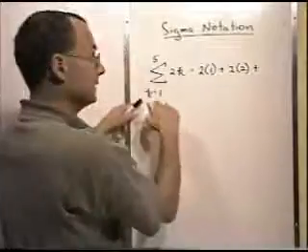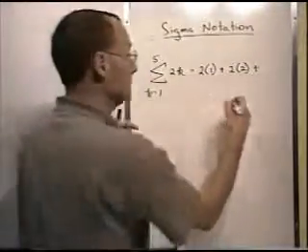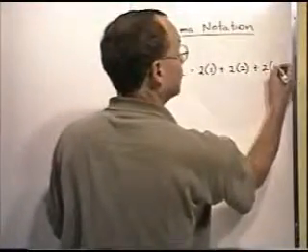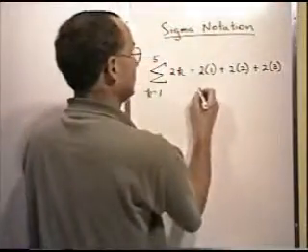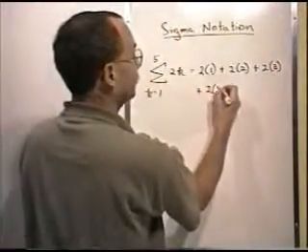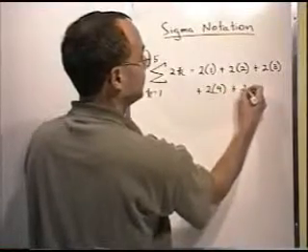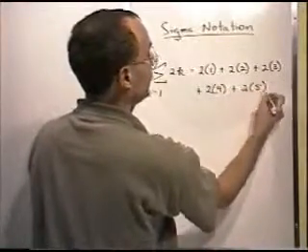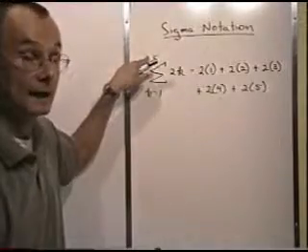Plus, then k gets bumped up to 3, and I have 2 times 3. Plus, k gets bumped up to 4, 2 times 4, plus 2 times 5, and at 5 we end.